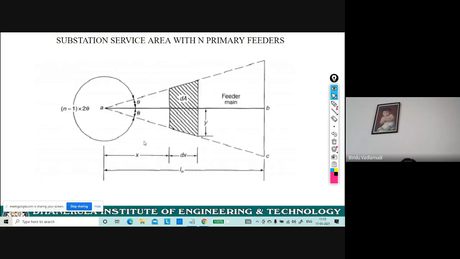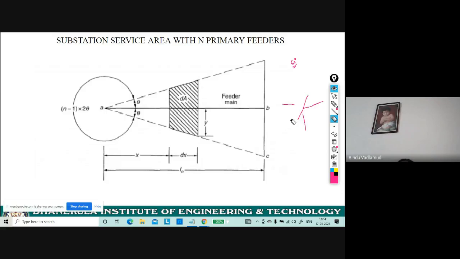We are not saying that the arrangement is either a hexagonal or a square shape, because here we are considering the angle as theta, and theta may vary. Suppose you consider the hexagonal system: the angle theta from feeder to feeder is 60 degrees, is it not?